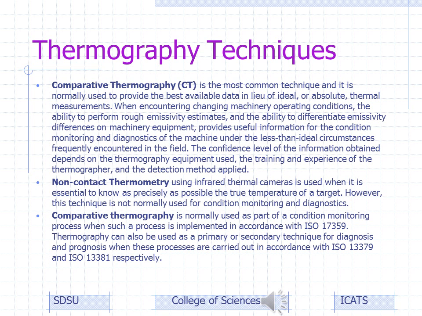Okay, well, what about techniques in thermography? Comparative thermography is the most common technique. It is normally used to provide the best available data in lieu of ideal or absolute thermal measurements.